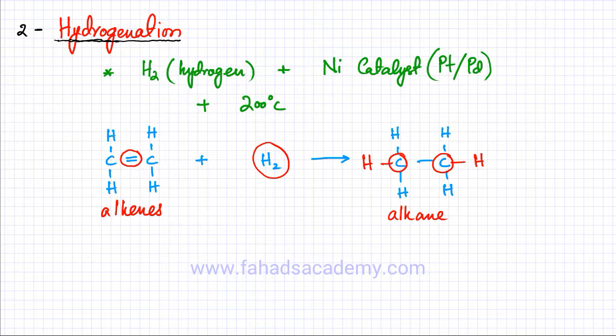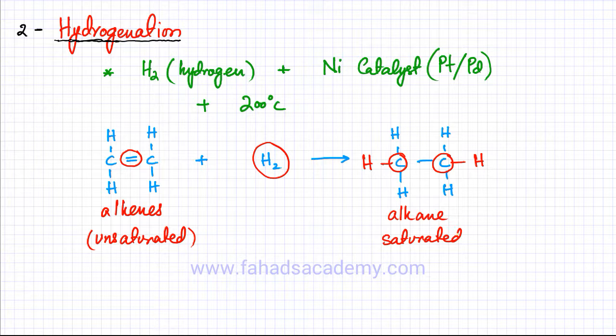So the importance of this reaction is that an unsaturated hydrocarbon is going to be converted into a saturated hydrocarbon. By the term unsaturated, I mean any hydrocarbon that contains carbon double bond carbon, is going to be converted into a saturated hydrocarbon, in which all the carbon atoms are making single bonds.